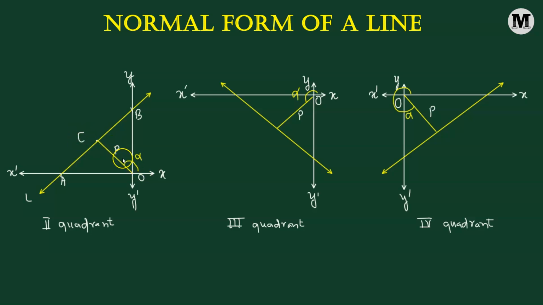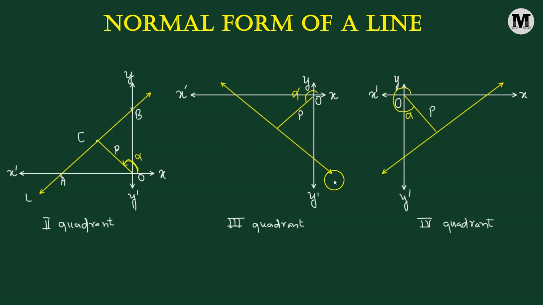OC is the perpendicular distance of the line L from the origin, and this perpendicular length OC is going to make an angle alpha with the positive direction of the x-axis. So that is very important. Here we take this obtuse angle, which is the angle alpha that the perpendicular OC makes with the positive direction of the x-axis.